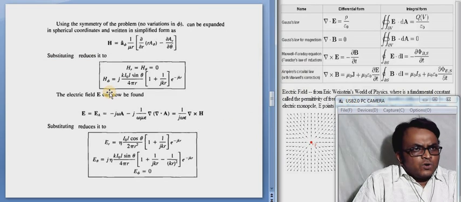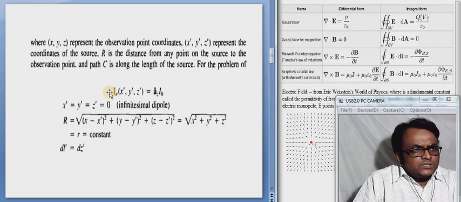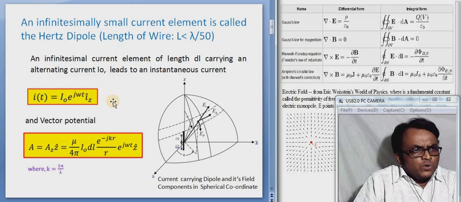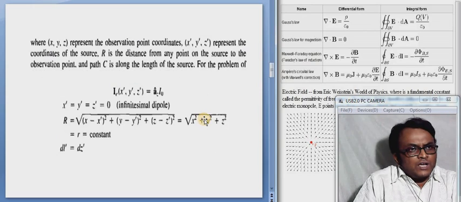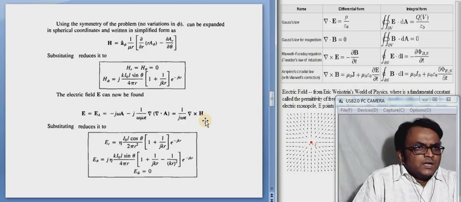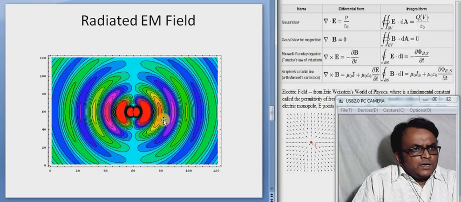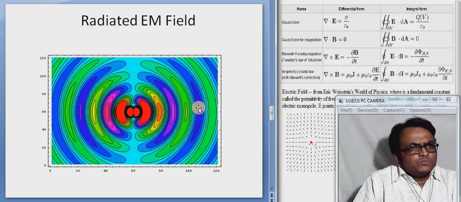In the previous slides, we saw that for this infinitesimal small dipole antenna, some field components survive and some do not. Now we will go through some animated forms to see how these fields are radiated.